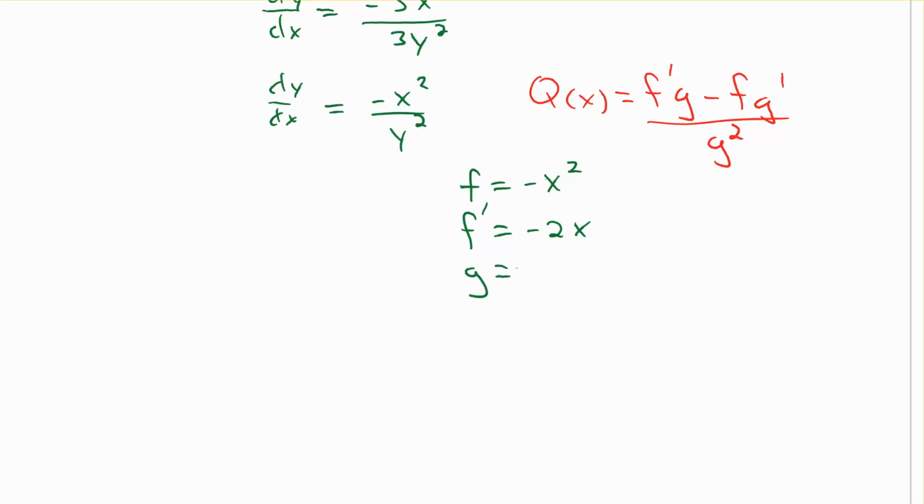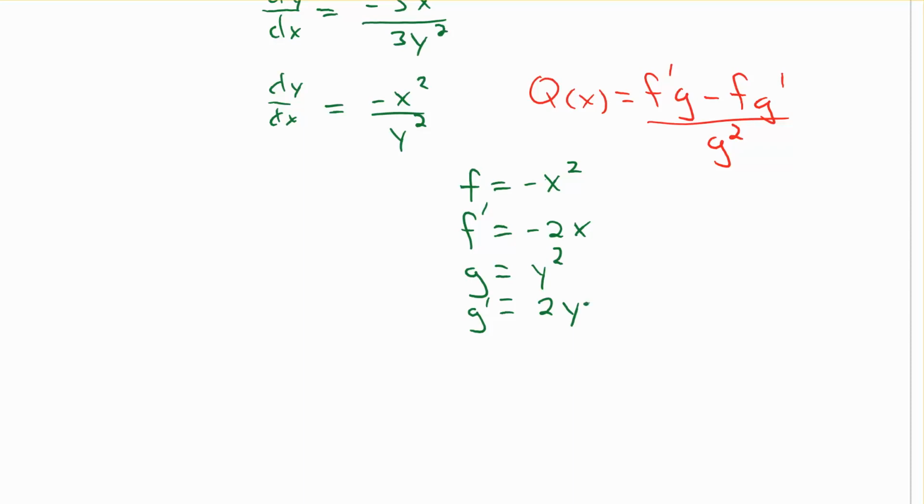g is just the bottom term, that's going to be y squared. And g prime is going to be equal to 2y. Now we just have to plug it into the formula. Oh, actually, I take that back, because I messed up here. g prime, I said, is just 2y. It's not just 2y, right?